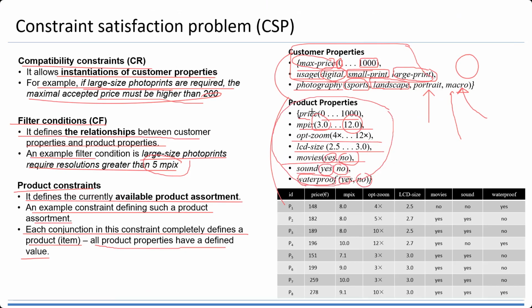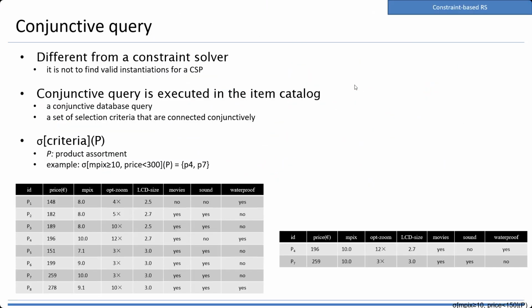Now, in the constraint satisfaction problem, we want to look at the customer properties and the product properties. Yeah, we can use a kind of query. The one that I showed you before is the conjunctive query with the SQL database, but I will not use the SQL database in this case.